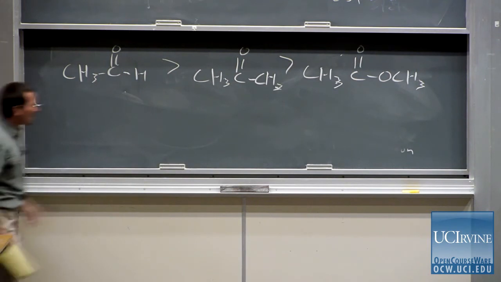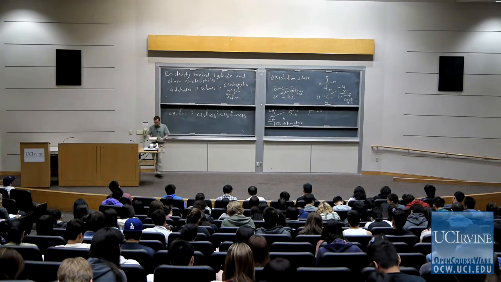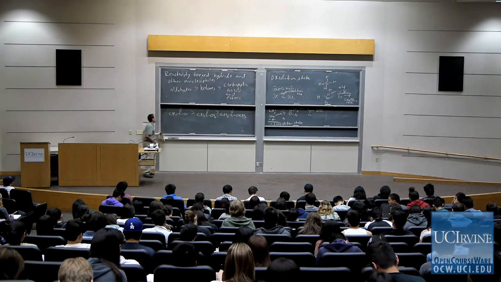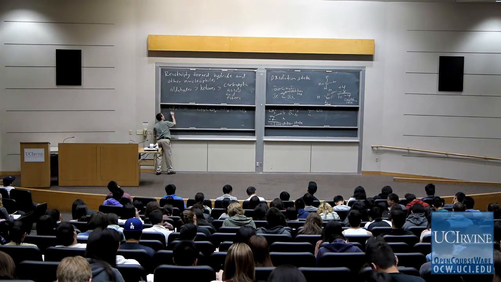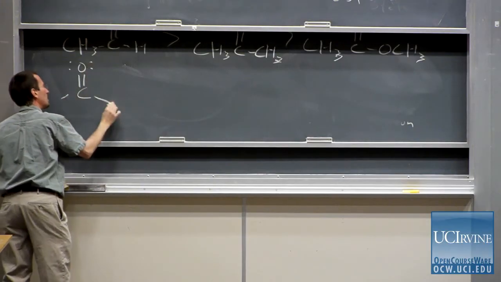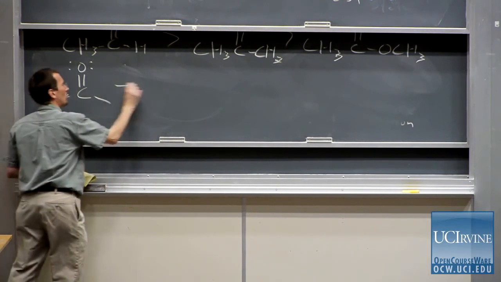So why can we think of this way? Well, think about our resonance structures. So you think about the carbonyl resonance structure, and you'd say, okay, we have two resonance structures that we need to worry about in general for a carbonyl group.